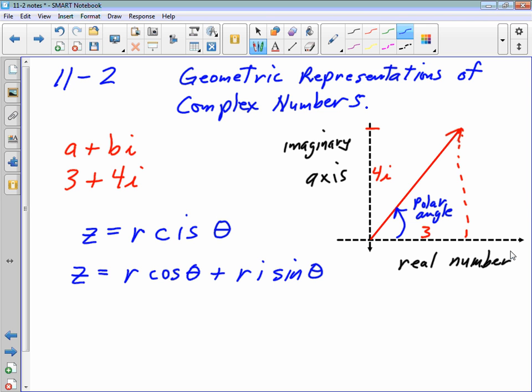And oftentimes they'll factor out an R, and you'll see this as Z equals R times the quantity cosine theta plus I sine theta. Hence the abbreviation here is R times cis theta. And this is really useful, especially after having dealt with chapter 10 and all those simplifications for things like this.